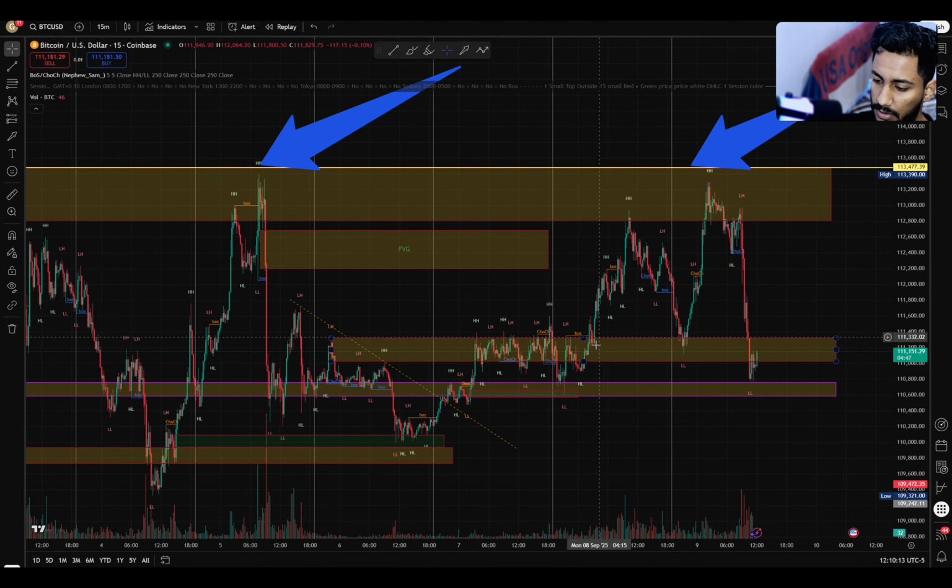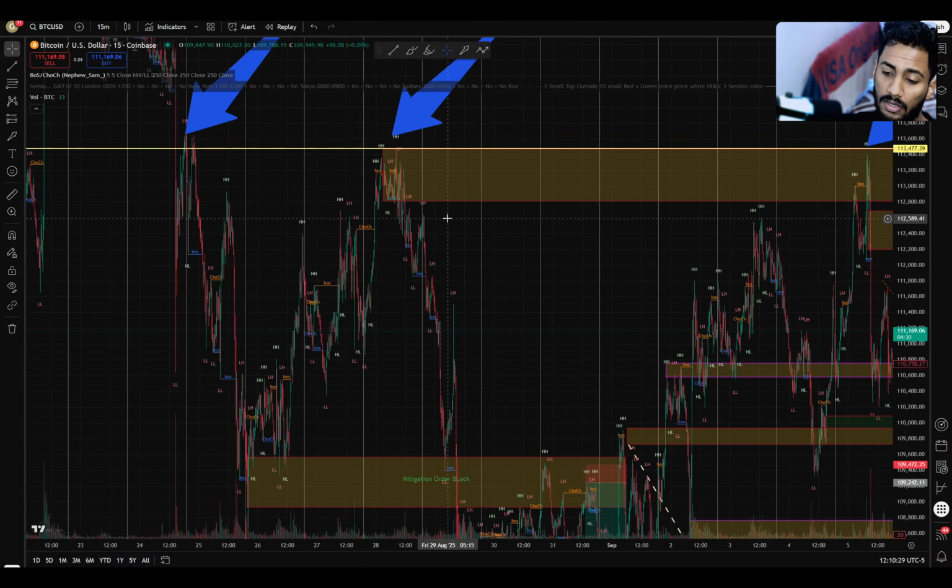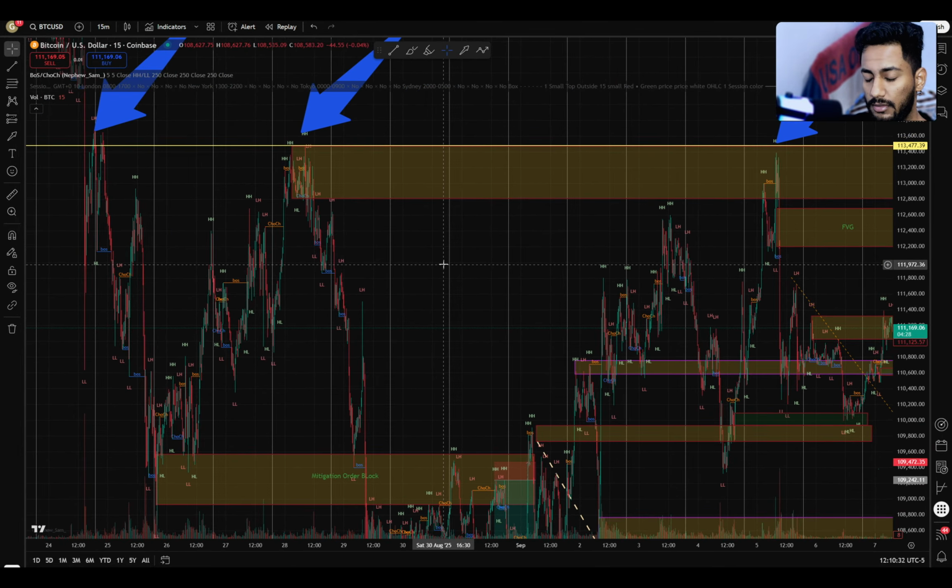Again, price got back to the zone where I already marked the bearish order block, and see how price reacted here. Again it drops down, pulls back, but again price flushed down because there was already a mitigation. Sorry, what we can say is the bearish order block.